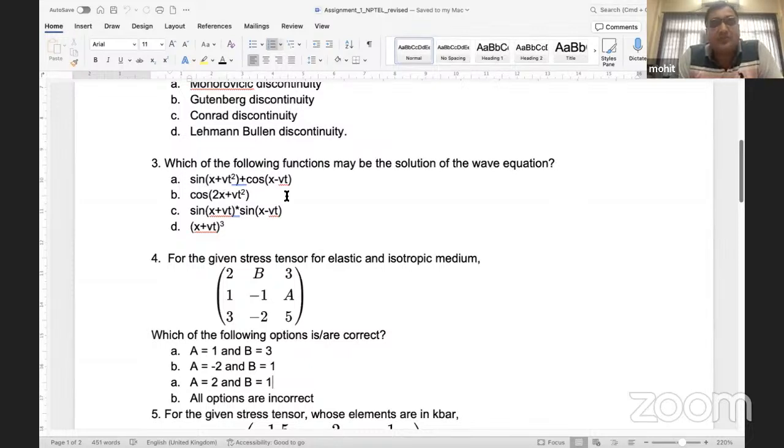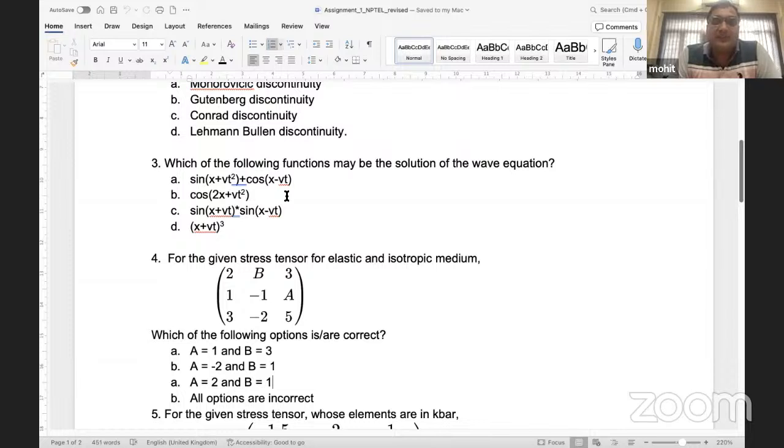Option B, cos of 2x plus vt squared, is also not of the form x plus or minus vt, so option B is also incorrect. Option C, sine(x plus vt) times sine(x minus vt), is a multiplication, so it is also not the right choice.